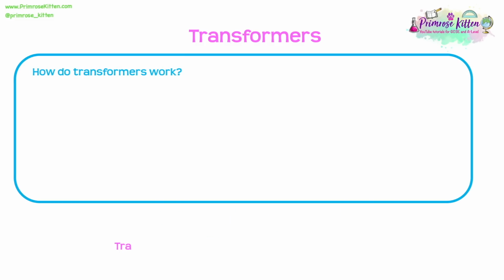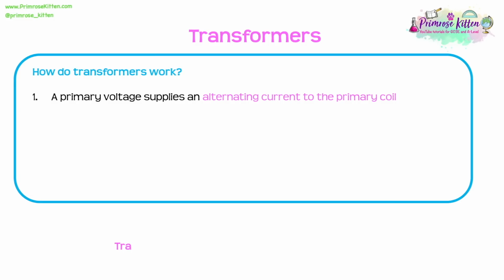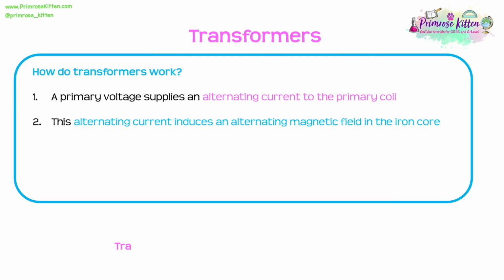So we've seen all the maths there, but now we need to have a look at how transformers work. We need to be able to describe all of the steps as to how transformers work. So, first step, primary voltage supplies an alternating current to the primary coil. Next, this alternating current induces an alternating magnetic field in the iron core. So the current never flows in that iron core.